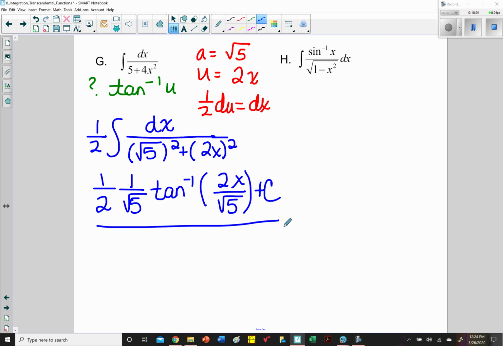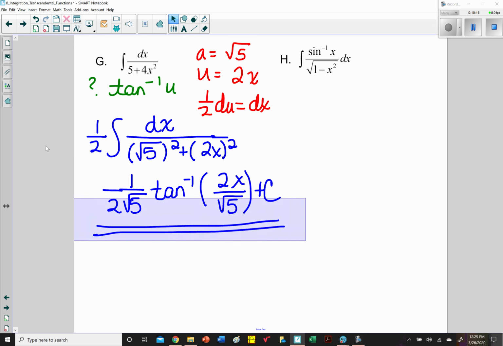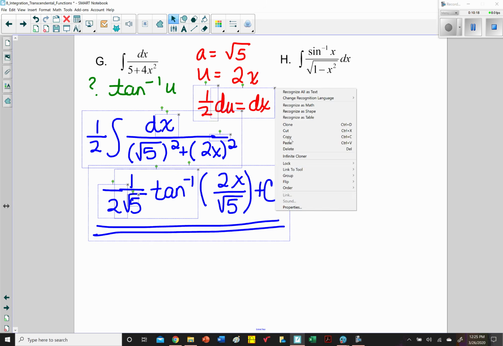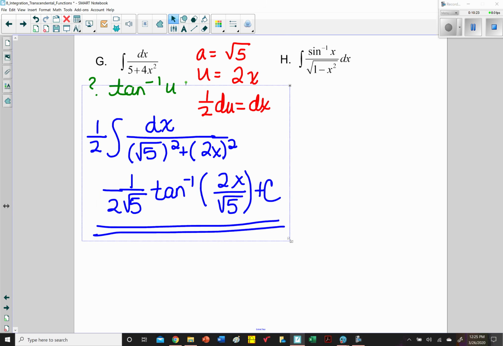So 1 over 2 radical 5 would look a lot prettier. We put this together: 1 over 2 radical 5 tan inverse of 2x plus c. All right, not so bad. Group that up and make it a little bit smaller so we have room for the next one.